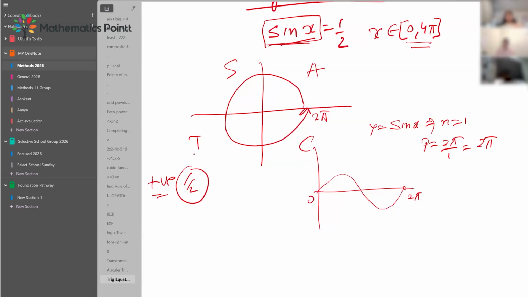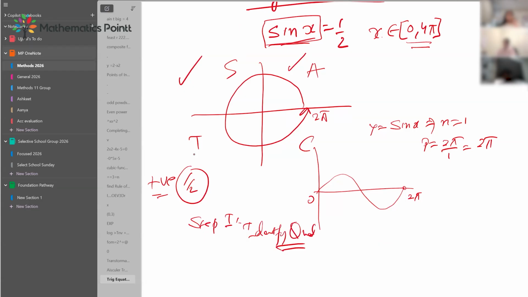Forget about the half. Second quadrant and first quadrant, right? So step 1 is identify quadrants based on the question. In this scenario, my quadrants identified are first and second.